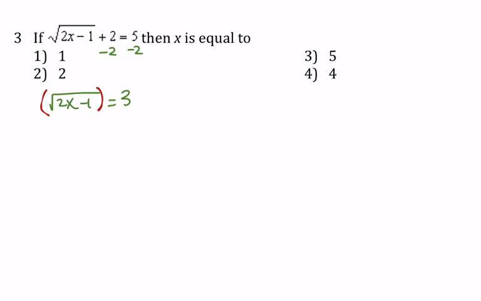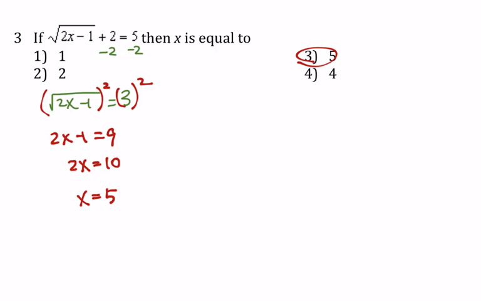Then, same as before, we're going to square both sides to undo the radical. Then we get 2x minus 1 is equal to 9. Then by adding 1 to both sides, 2x must be equal to 10. Then x must be equal to 5. Choice 3 becomes the answer then.